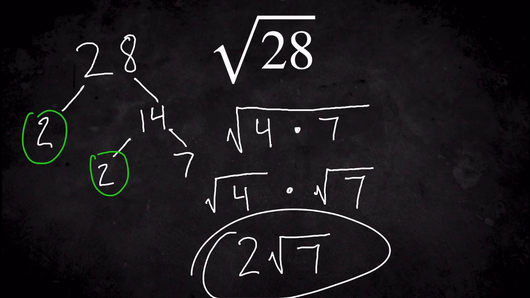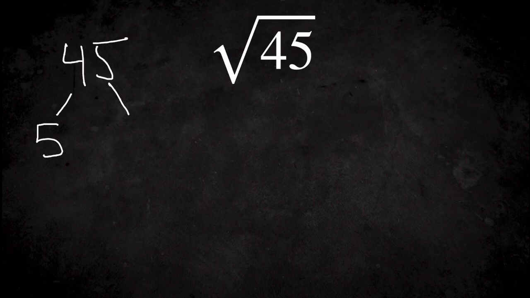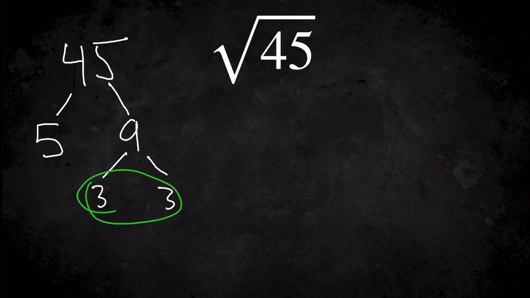Now, here we have the square root of 45. Factors of 45, you have 5 and 9, and 9 can go to 3 and 3. Simply 9 is a square number.